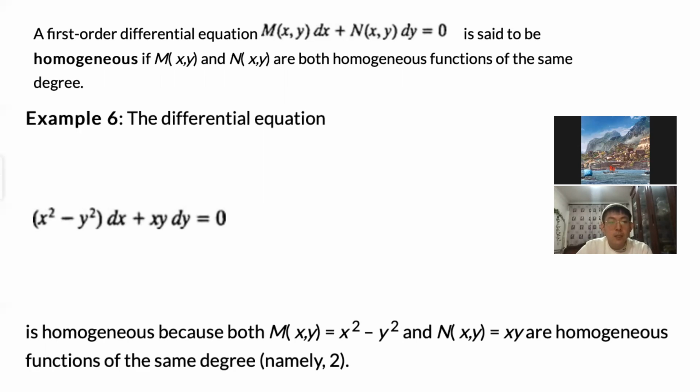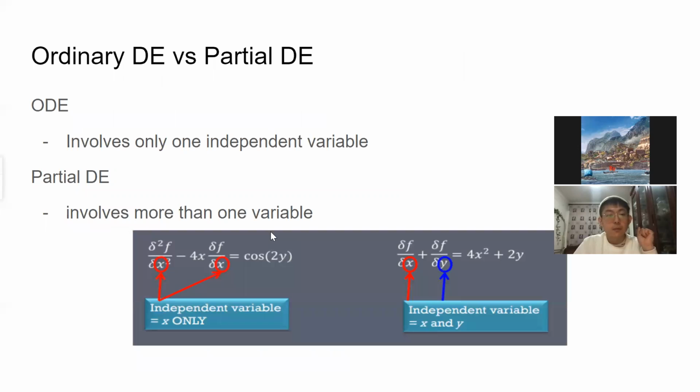Example 6, x squared minus y squared multiplied by dx plus xy dy equal 0 is homogeneous because both M(x,y) equal to x to the power of 2 minus y to the power of 2 and N(x,y) equal to xy are homogeneous functions of the same degree. Okay, next page.